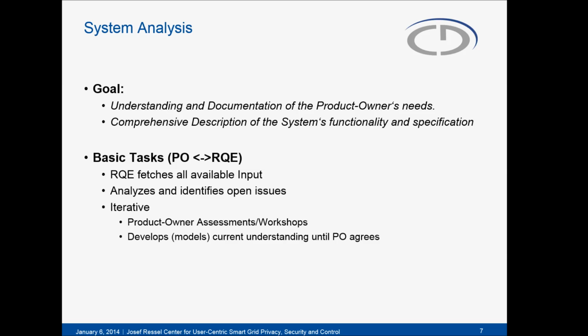So after this, iteratively, we make some product owner assessments or some workshops where we try to clarify all those open issues. And after this, we can try to develop the current understanding. We do this by modeling, and we do this iteratively until the product owner agrees and he says, yes, this is the one system I want to have built.